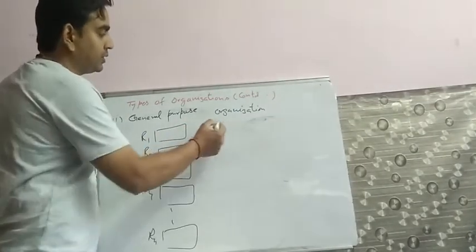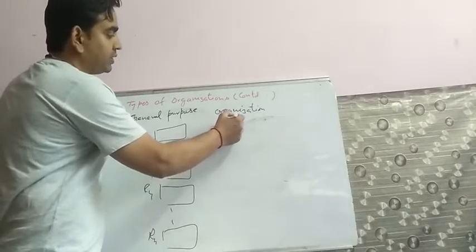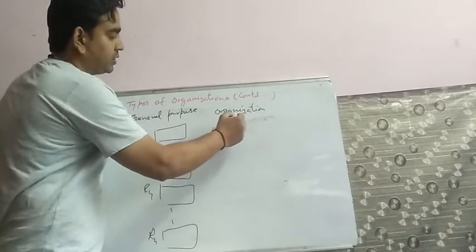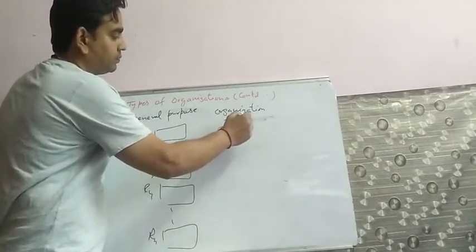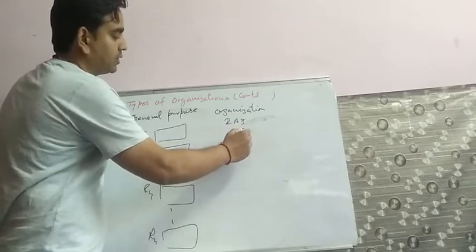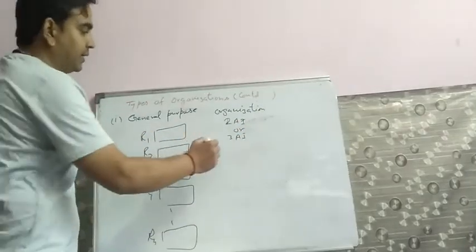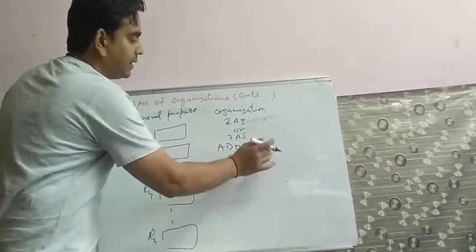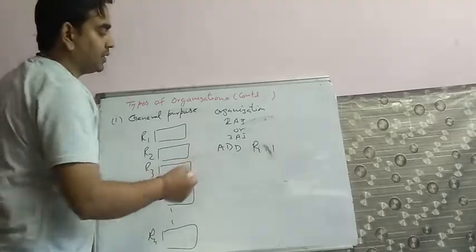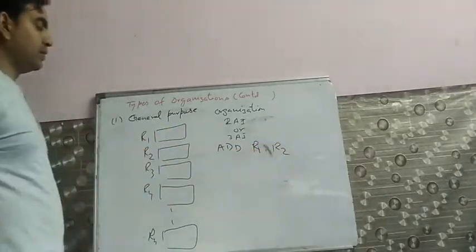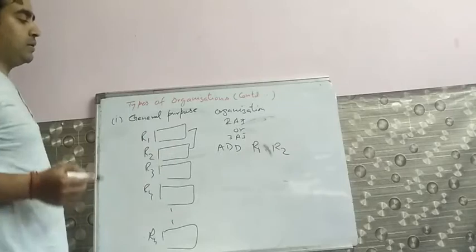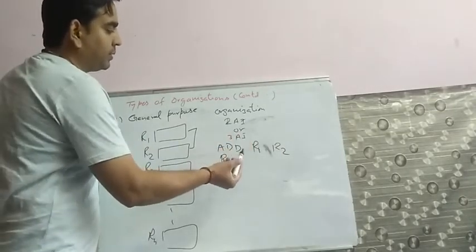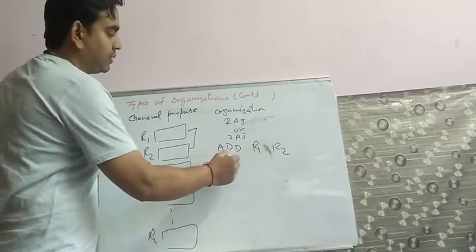In this type of organization, the instructions could be two address instructions or three address instructions. For example, we can write add R1, R2, which means the contents of registers R1 and R2 are being added. And this can be written in RTL somehow.